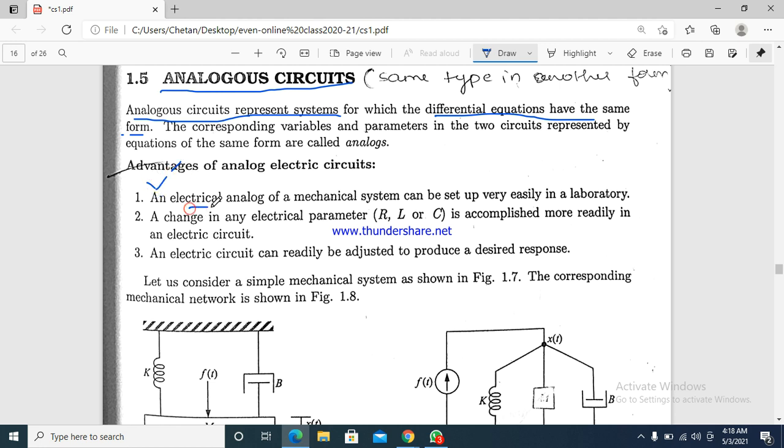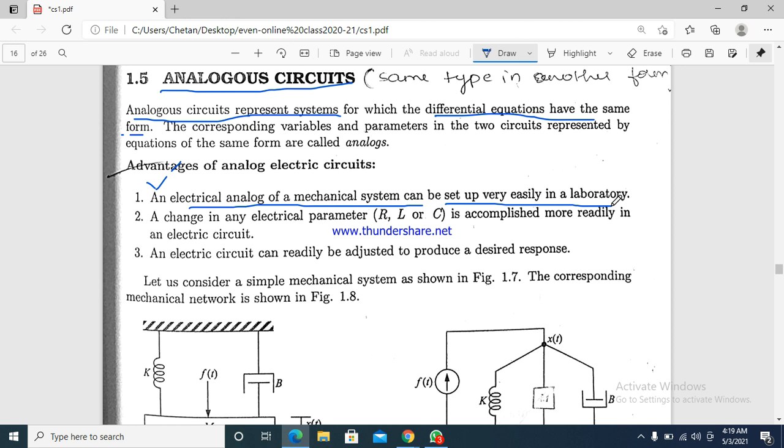An electrical analog form of a mechanical system can be set up very easily in a laboratory. For the mechanical system we have discussed, we can arrange an equivalent electrical circuit in the laboratory.